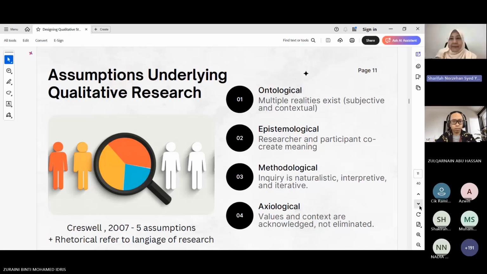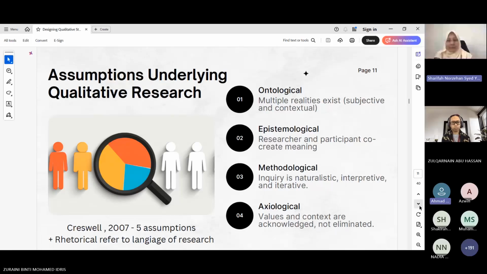Prof, if I may ask. Yep. I just want to confirm because these assumptions constitute the justification for conducting qualitative research. Is it a must for us to show that all these 4 assumptions are fulfilled in our research, or let's say just 3 out of 4 is fulfilled?